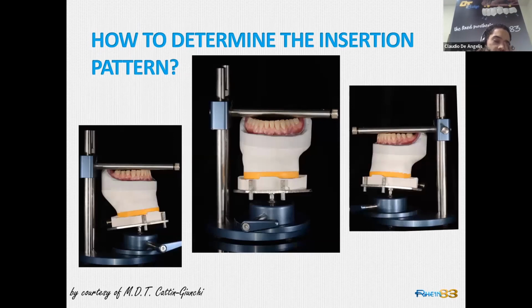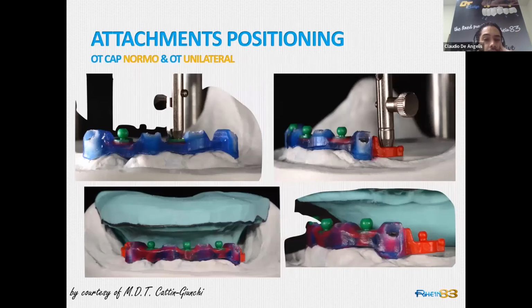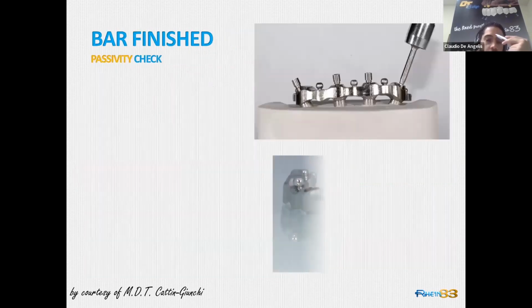So they investigate the occlusal plane as before with the parallelometer. They produce a silicon mask and also the bar. In this bar, they place in the frontal area three single castable spheres.